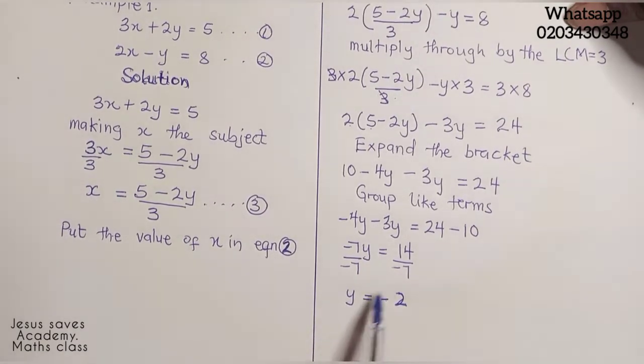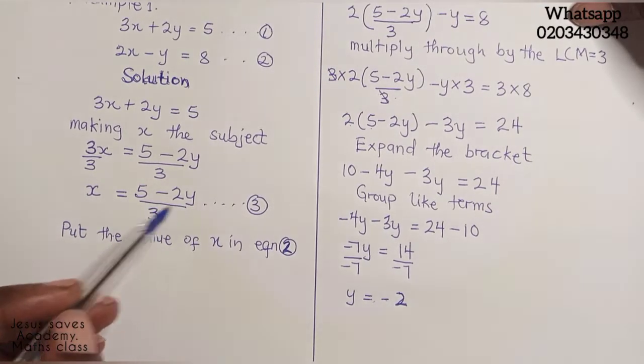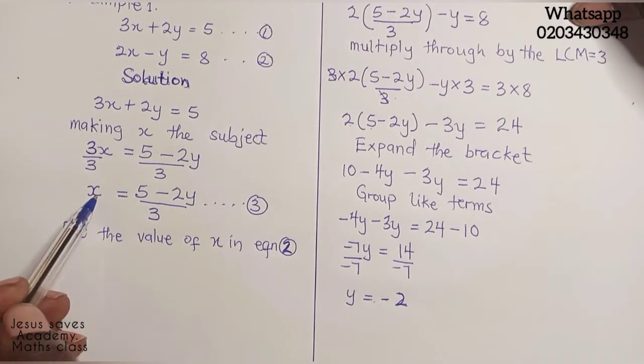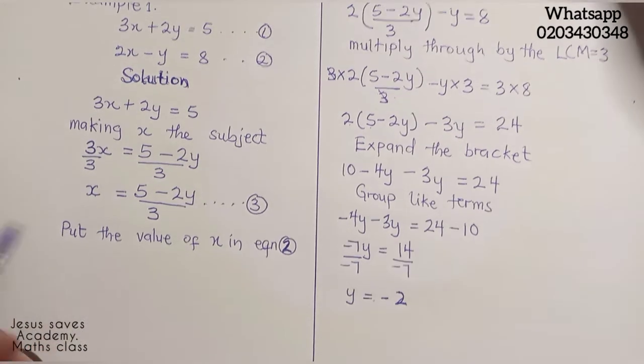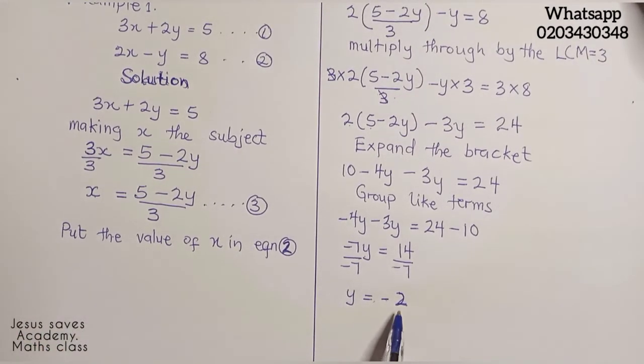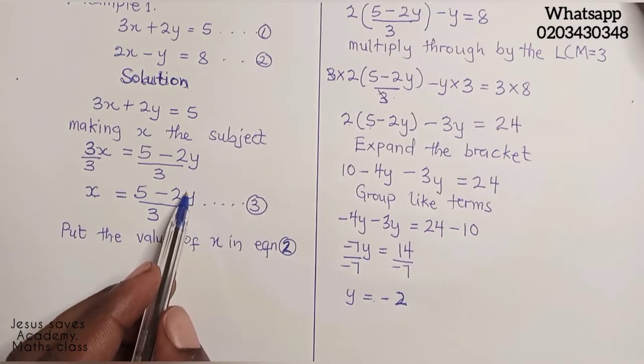So if you are able to get the value of y, then you come and put it in equation 3 to find your x. So I'm putting the value of y at this place to get my x.